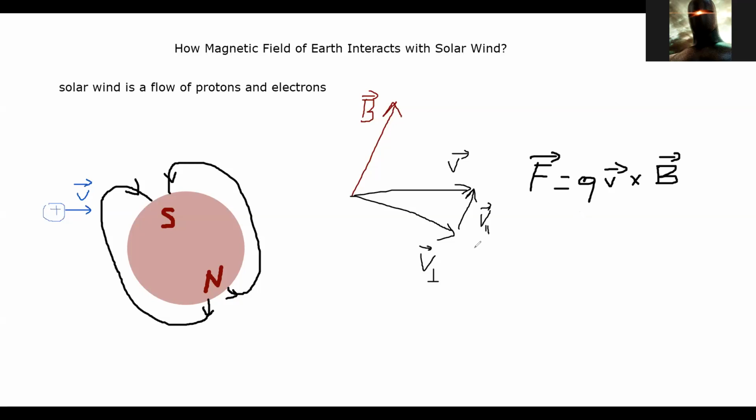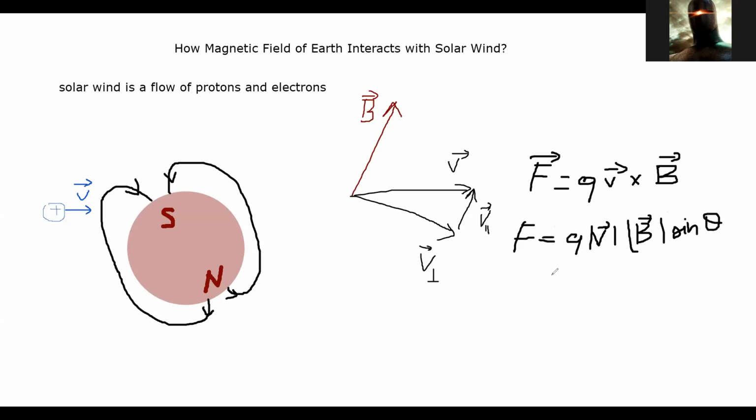For the velocity, the component that will be affected by the magnetic field will be the perpendicular component, because if I want to find the magnitude of the force, that will be equal to Q V B, with absolute values, and here I'm going to put the sine theta.